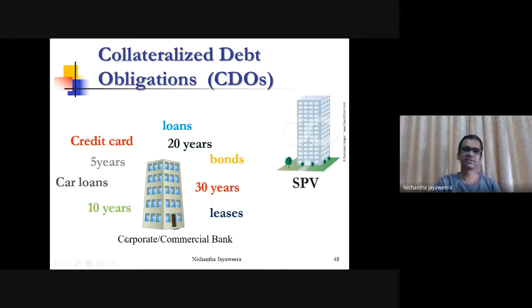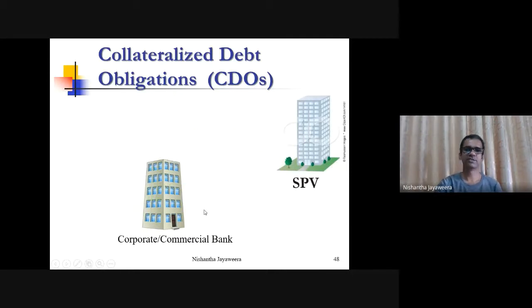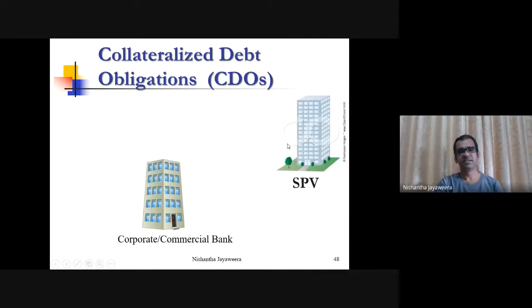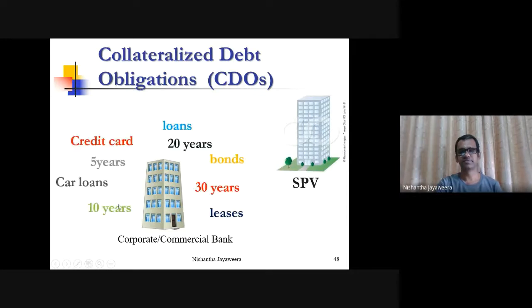So that's a costly affair. Once they transfer all these assets, or at least part of these assets, to the SPV, they'll get back the amounts that they loaned to the borrowers. They'll get that capital, and they can also get relief from the capital requirement, because these assets are no longer held in the commercial bank's or the corporate's books.